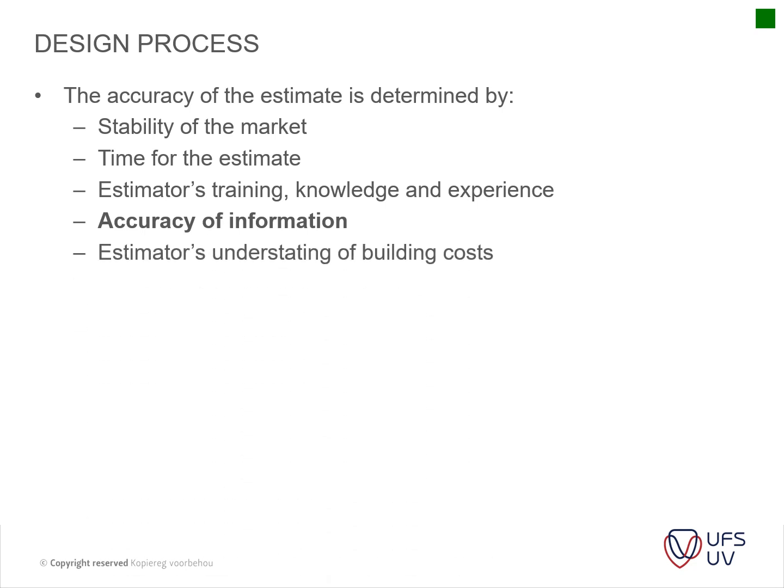Estimator understanding building costs: a simple thing which I experienced once is where the architect wanted a stainless steel expansion joint within the tiles and not a PVC one, and then the cost per meter difference was quite big.